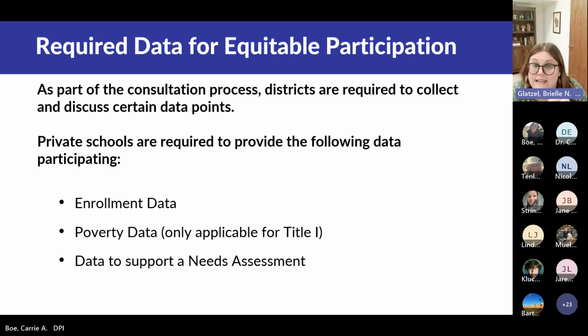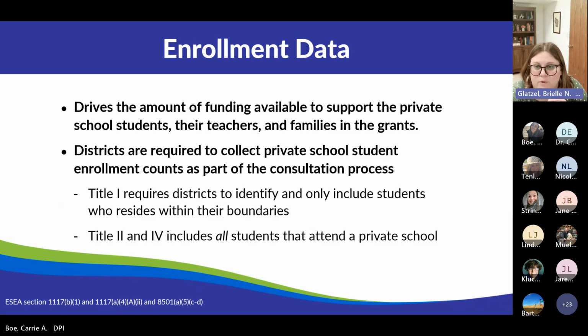One of those is providing data. And one that is very important is the idea of enrollment data, because this supports the calculation of the proportional share. So the enrollment data is what helps determine how much funding is going to be available to support the private school.